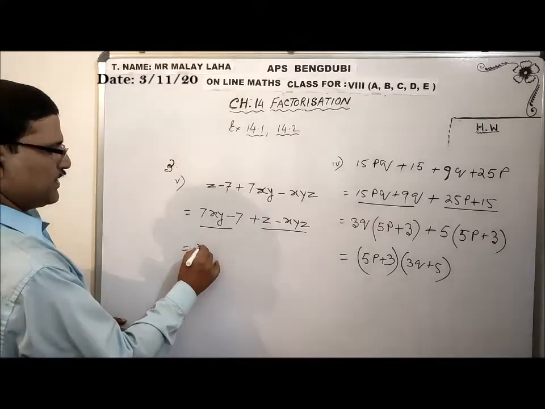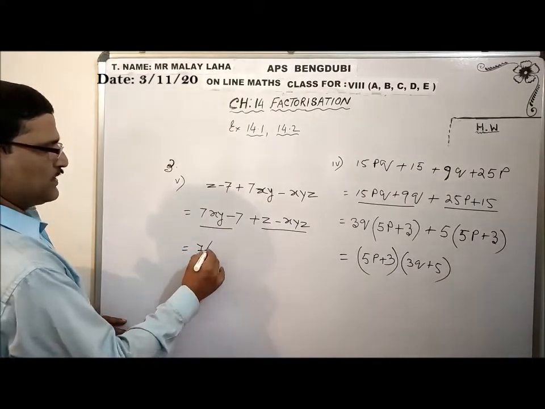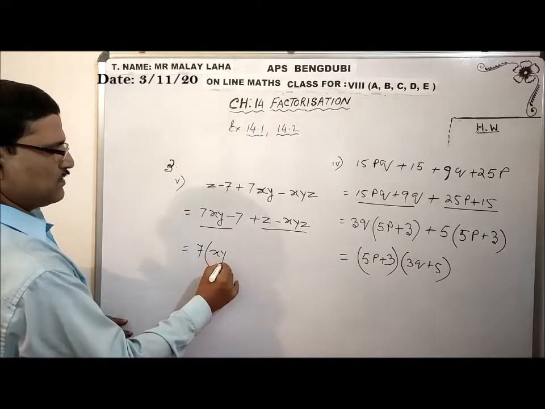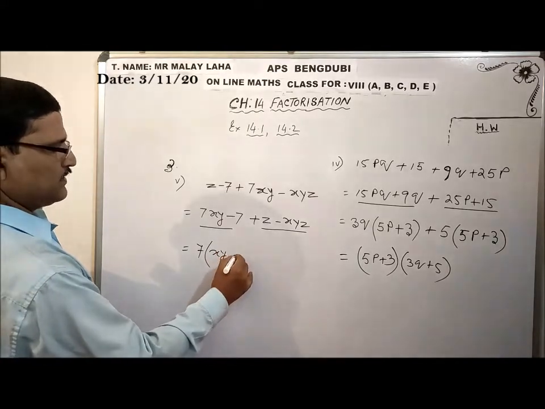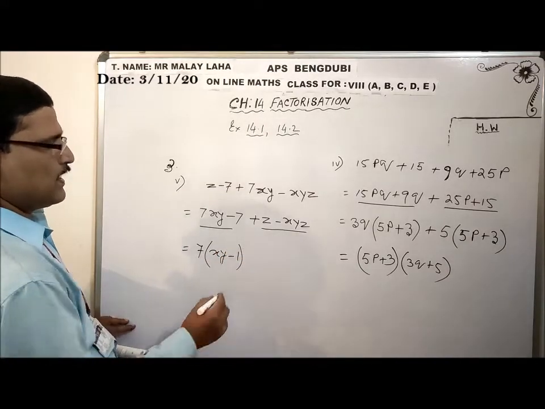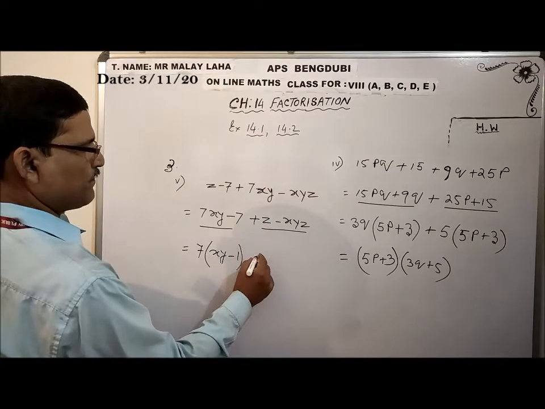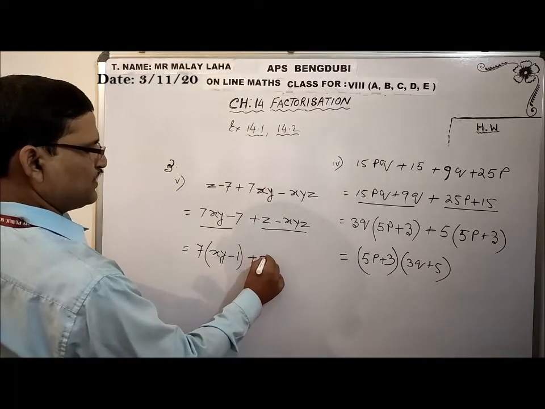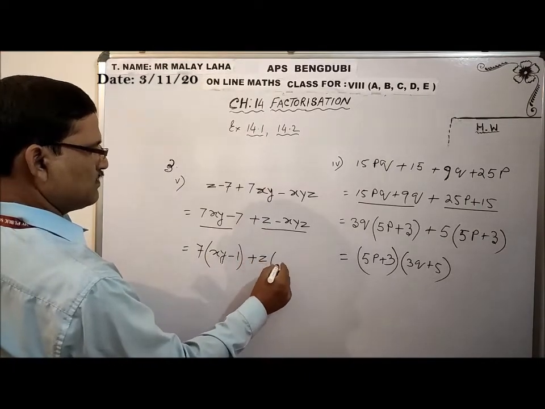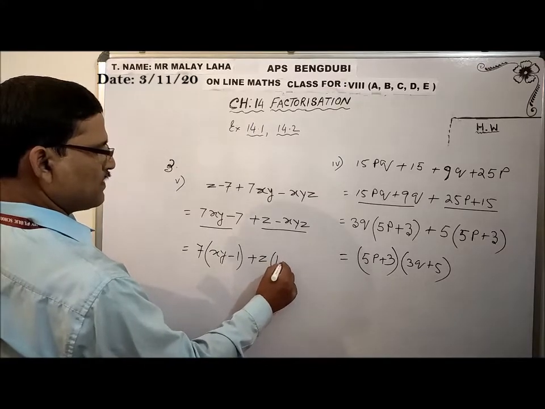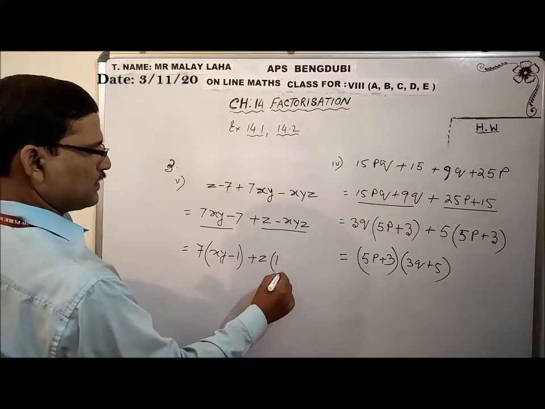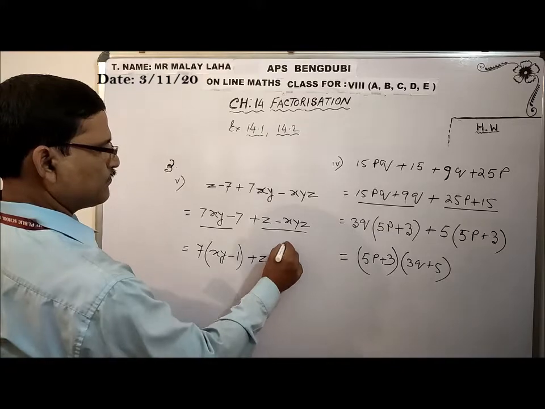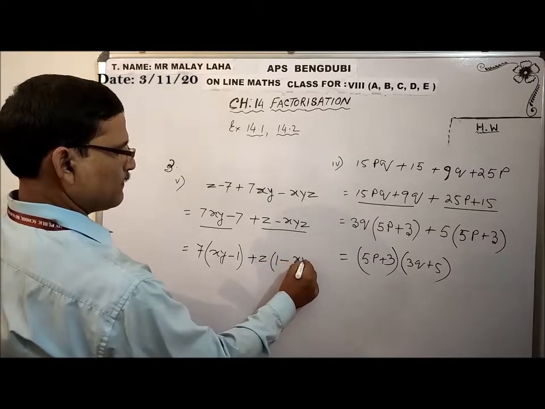So 7, obviously. If I take common 7, xy is left out and minus 1. Clear? And what is common here? Plus z is common. What is left out? 1 minus xy.